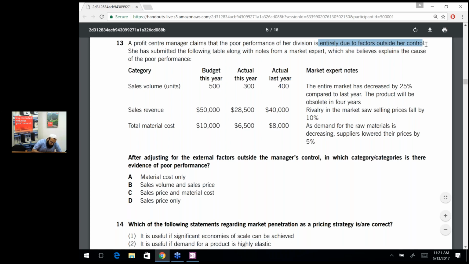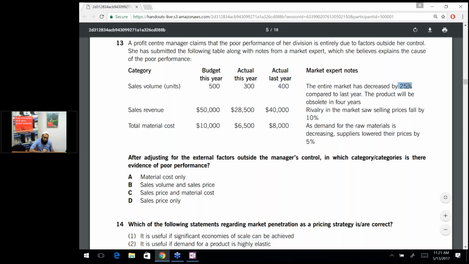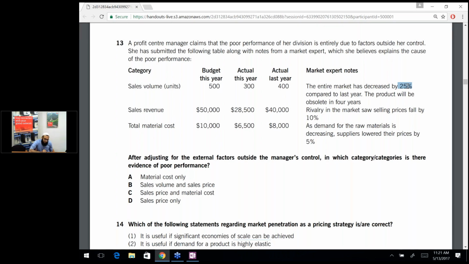So the sales volume is 500 actual units. The entire market has decreased by 25% compared to last year. The product will be obsolete in 4 years. You got it, everyone? The product will be obsolete in 4 years.